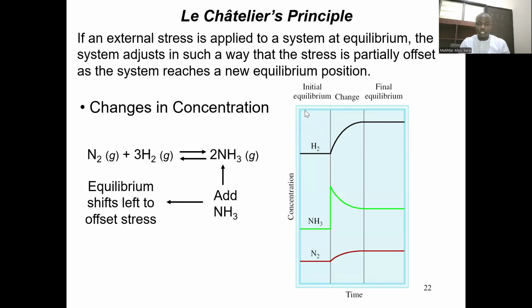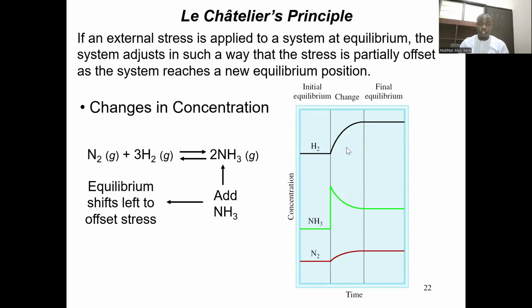Look at it. This is the initial concentration. At this initial concentration, they are all at equilibrium. Now there is a change by increasing the concentration of the ammonia, so the reaction will shift backward.